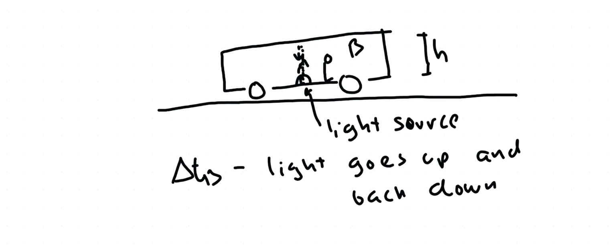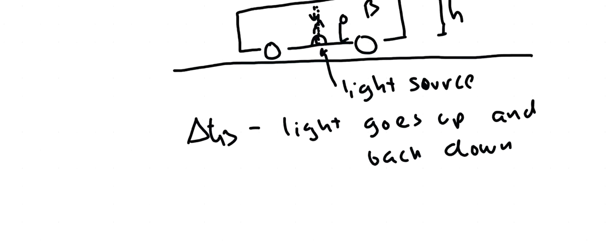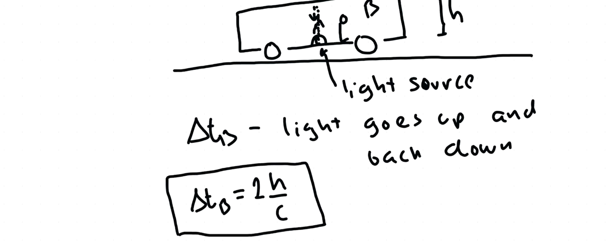The guy sitting here sees that the light goes up and back down, one trip up and one back down. So we can calculate ΔT_B as h divided by c, multiplied by 2. That is our time interval as measured by the person on the bus.